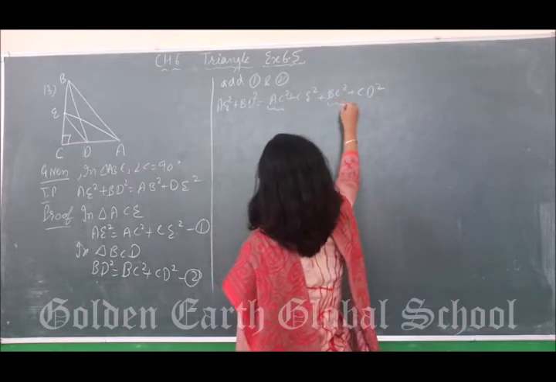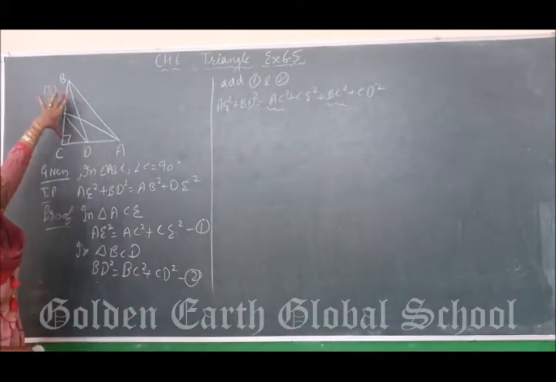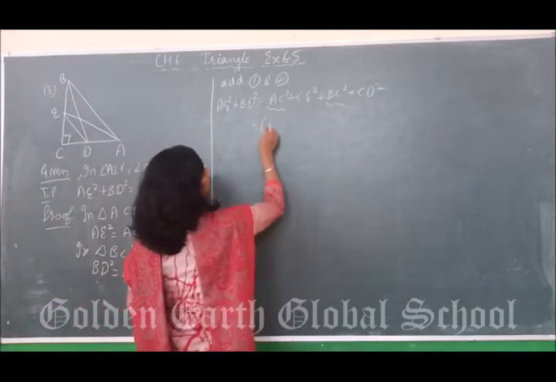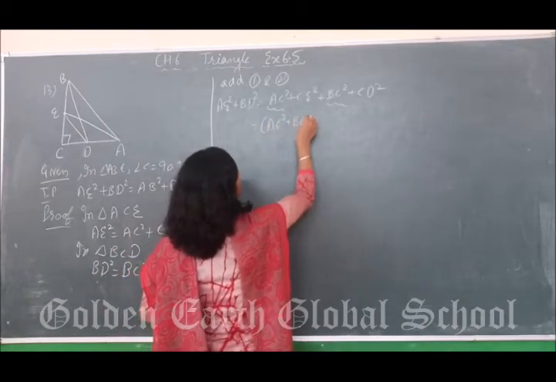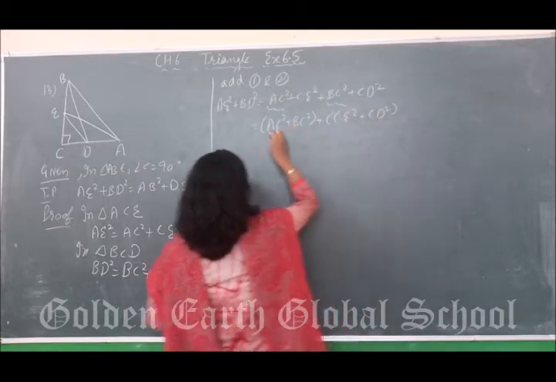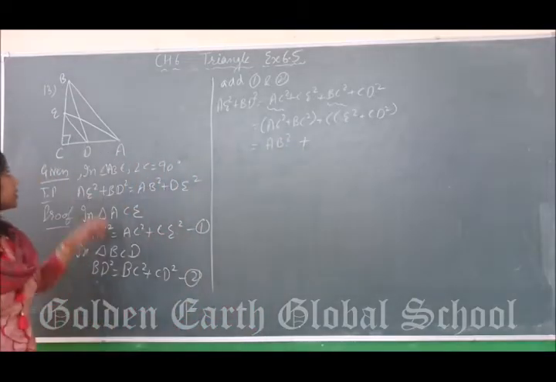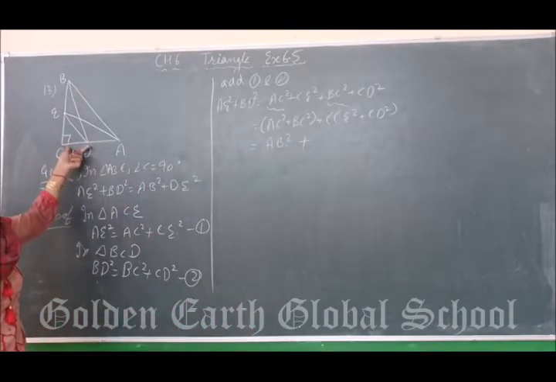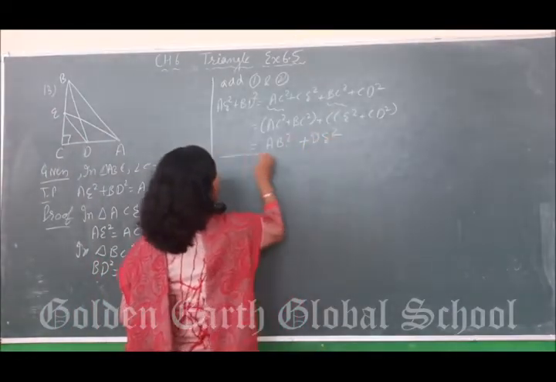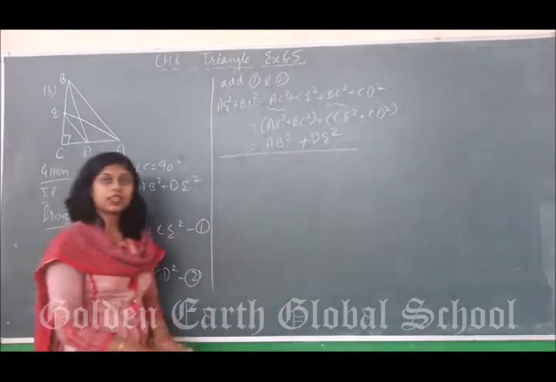Now, first and third term, AC square plus BC square, according to Pythagoras, is equals to AB square. So write it combined. Second and last one, CE square plus CD square, will be equals to DE square. So this is the result you have to prove: AE square plus BD square is equals to AB square plus DE square.